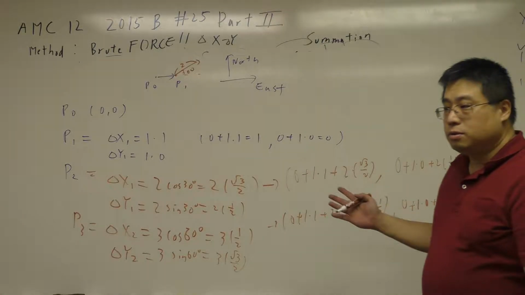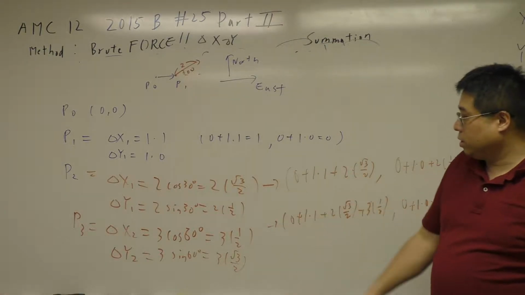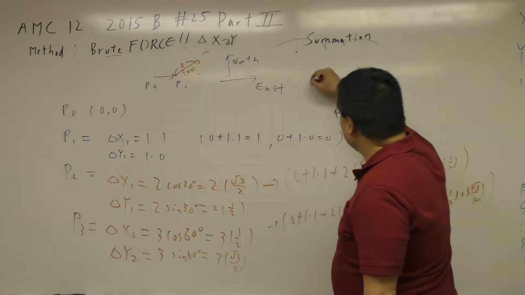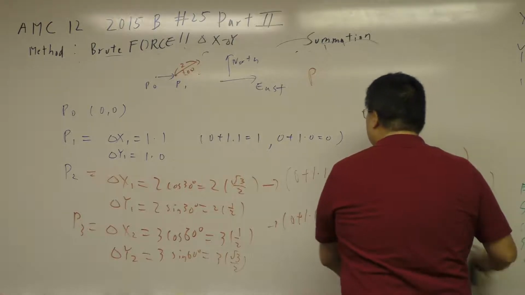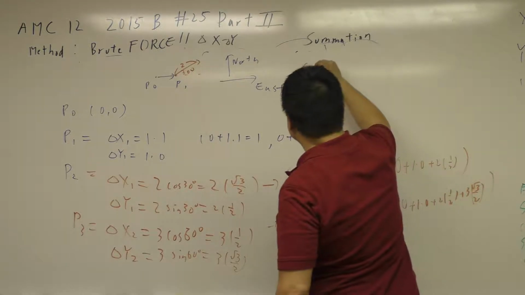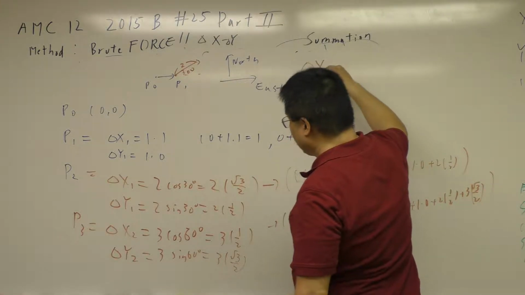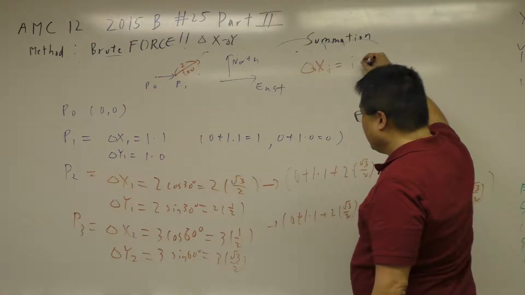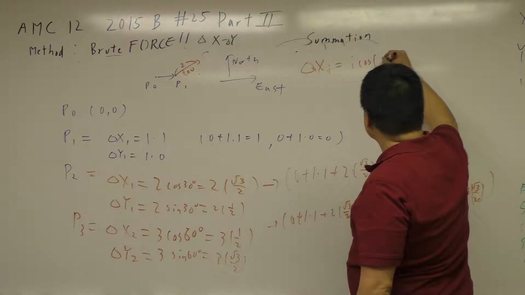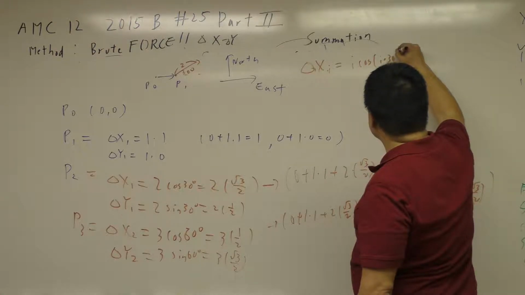So we now know that every time you take a trip, an arbitrary trip, we include the changes in x, so that the change in x for trip i would equal i times cosine of i times 30 degrees.